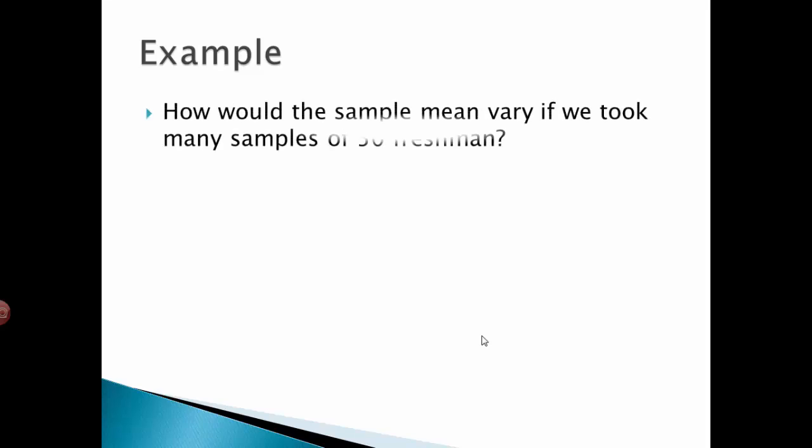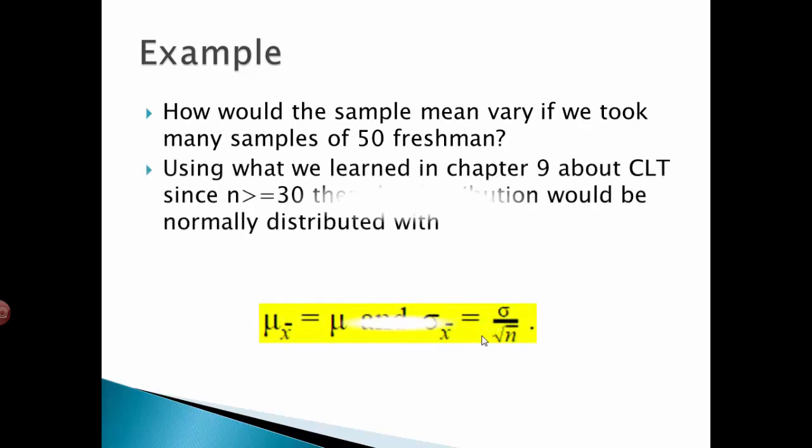So here's what we're going to do. If we think about samples, how would the sample mean vary if we took many samples of 50 freshmen? We know that each of those samples is going to be different, but we also know, based on Chapter 9 and the central limit theorem, that even if it's not normal, it will approach normality if we have a sample size of 30 or greater.